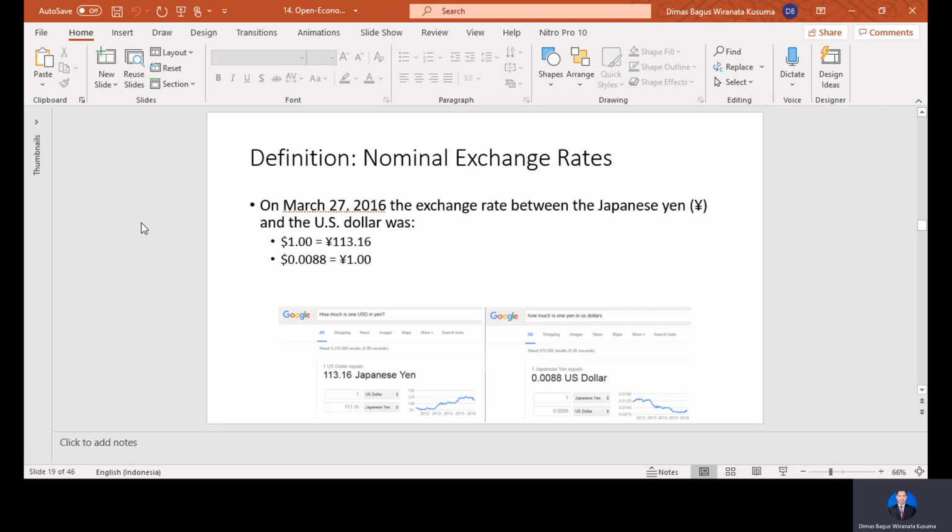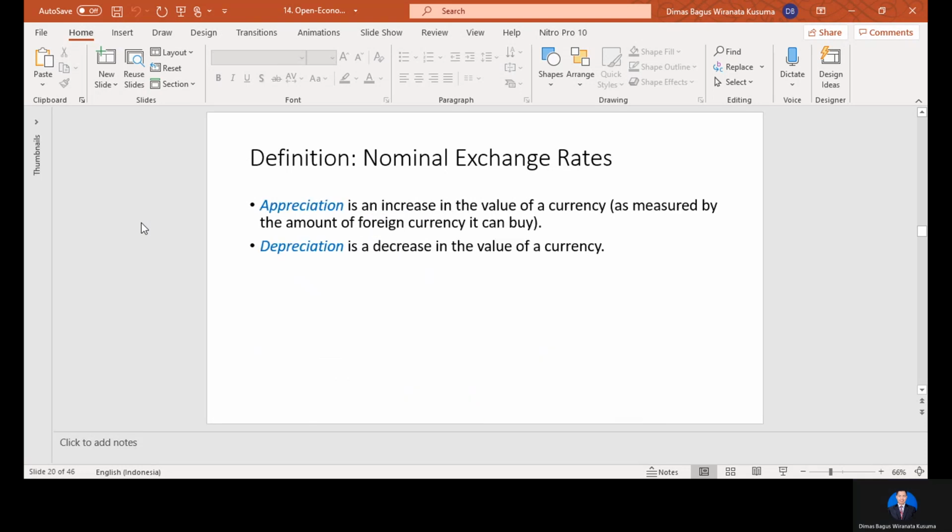For example, here 1 US dollar equals 112 yen, Japanese yen. Appreciation is an increase in the value of a currency, measured by the amount of the foreign currency it can buy.